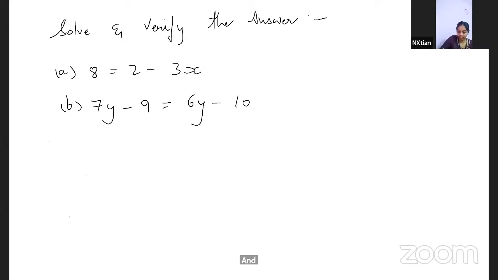So I started doing 10 plus 9 and 7y plus 6y. Ma'am, I got y equals minus 1. Minus 1. Okay. How many of y'all are getting minus 1?